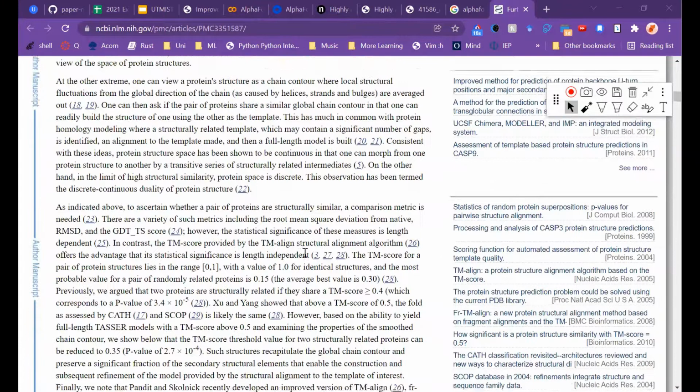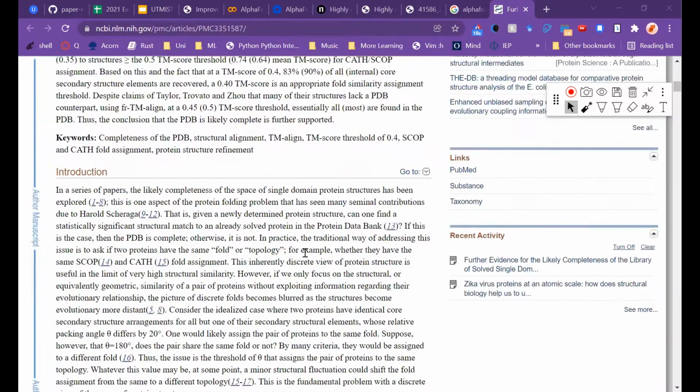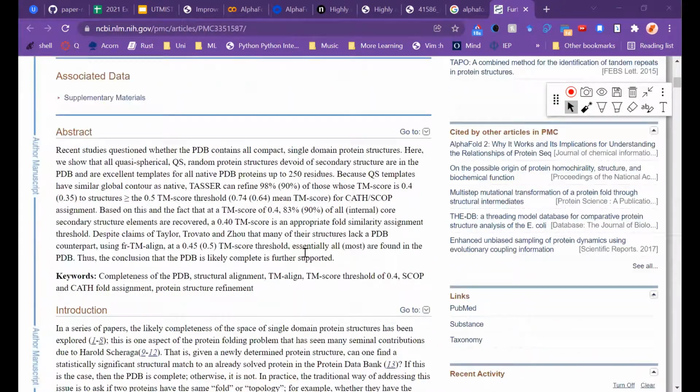But if we restrict our proteins to a single domain protein, then the sequence will be a lot shorter. And then there is a chance that our database would contain all possible combinations of amino acids for a single domain protein. Maybe it's not as complicated as a multi-domain protein.